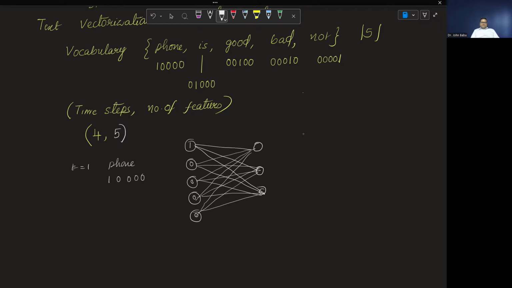These are the input features. Generally, we indicate them by X.